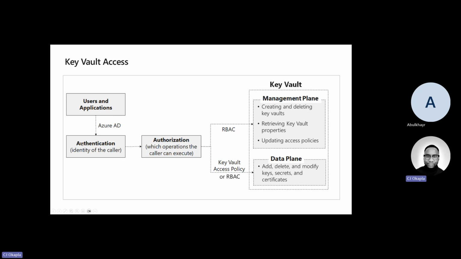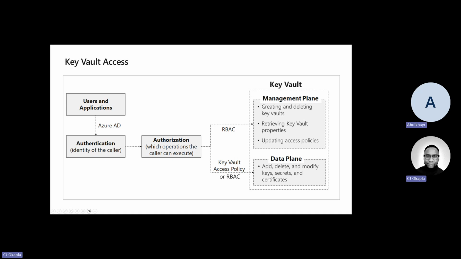First, there's authentication, where you identify the caller. The caller could be a user or an application. Next is authorization, which determines which operations the caller can execute. That comes down to RBAC, role-based access control, governed by the Key Vault access policy or RBAC.